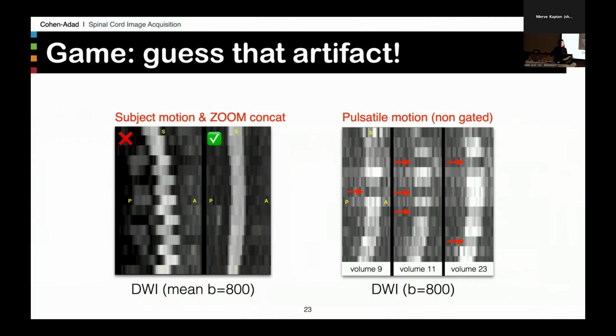Actually, we have a paper that says to gate or not to gate, and that is a question because you could acquire way more volumes with some artifacts here and there, but there is also some robust fitting for the different tensor, for example. So it's not necessarily a bad idea to not gate. So it's an open debate. But it's good to be aware of that at least.